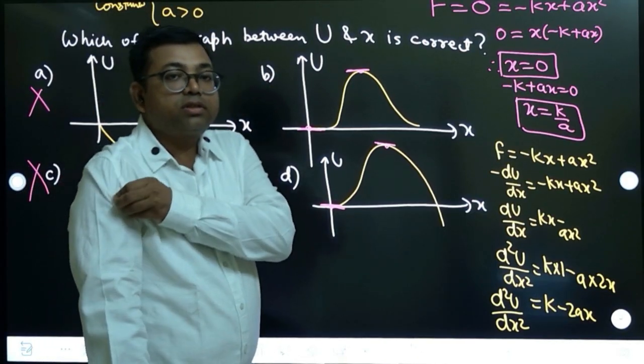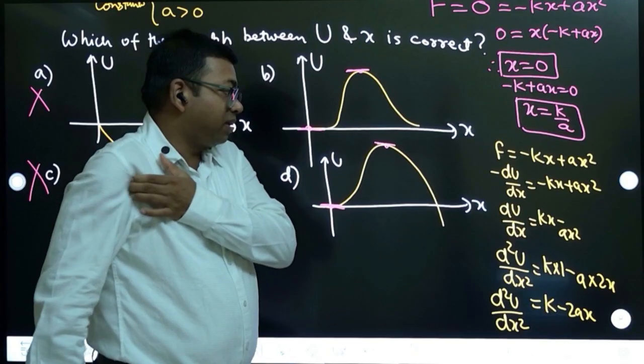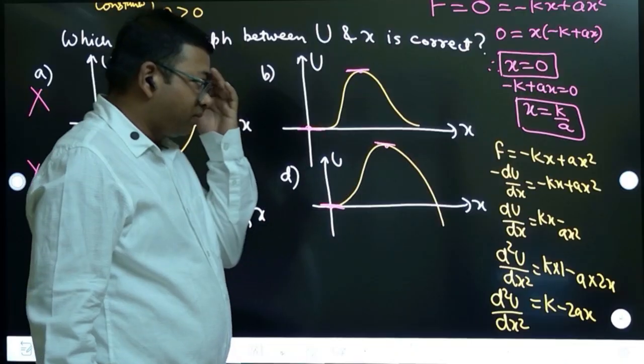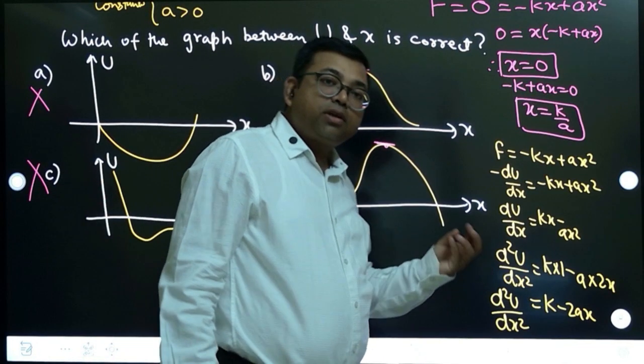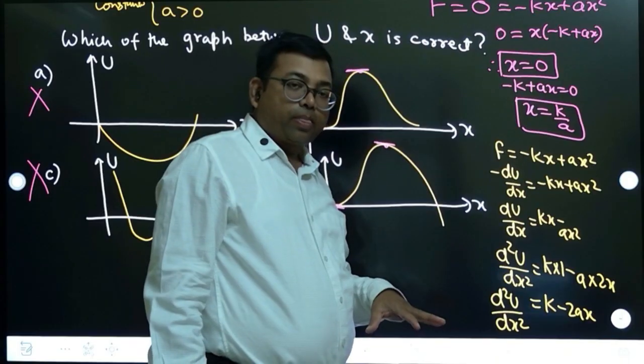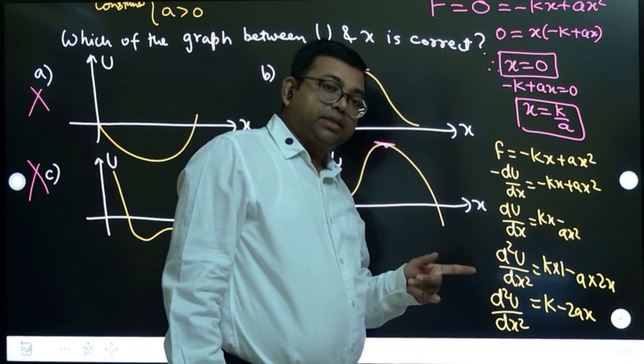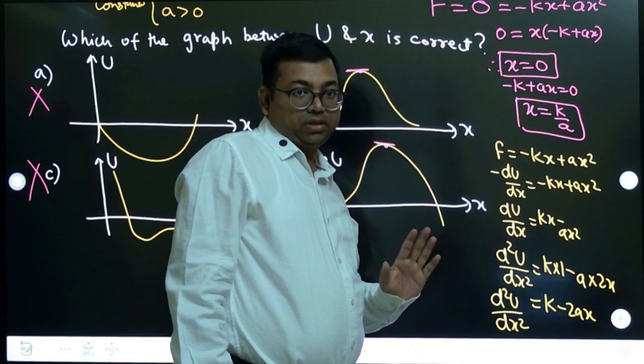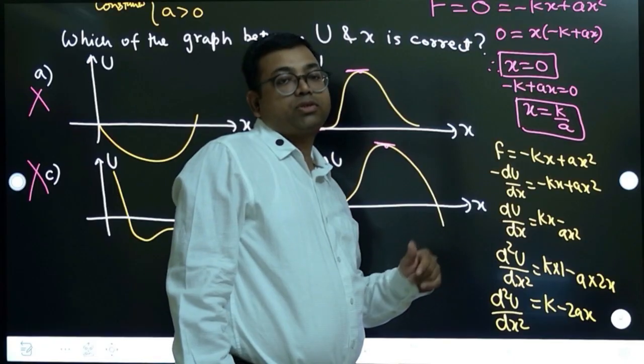Double differentiation will tell the shape of the graph. Now, wherever double differentiation is zero, there the shape is changing. Remember, double differentiation zero means the shape is changing, either concave to convex or convex to concave.